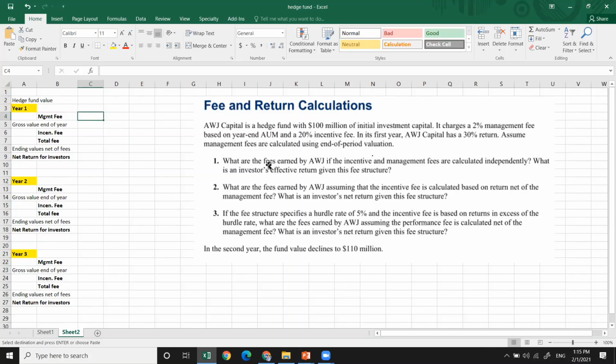So what are the fees earned by AWJ if the incentive and the management fees are calculated independently? This is the keyword. As in the example that we solved in class last time, it was net of management fee, but here incentive and management fees are estimated independently. And what is the investor effective return given this fee structure?